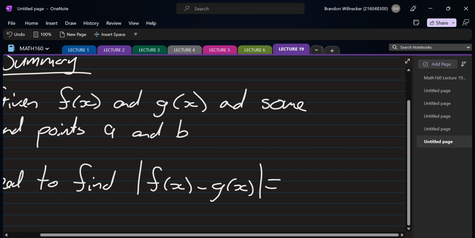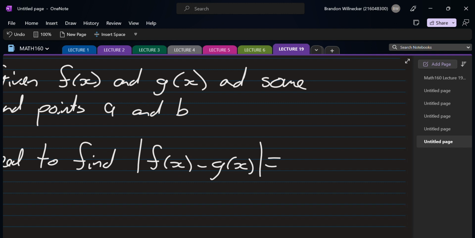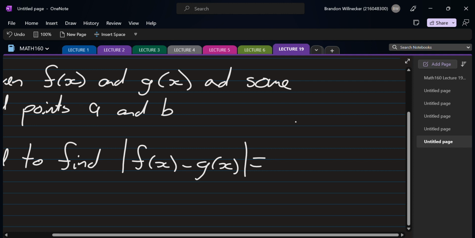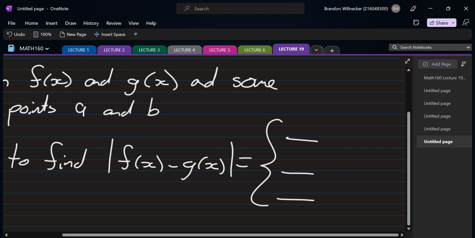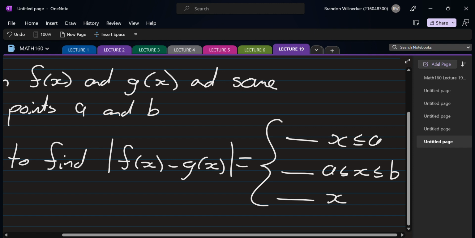Okay, so this will be equal to some number of functions with or without a minus sign, depending on whether that interval has a negative function value. Let's say that the first one goes from x less than or equal to a, then a less than or equal to x less than or equal to b, and then x greater than or equal to b, for example.